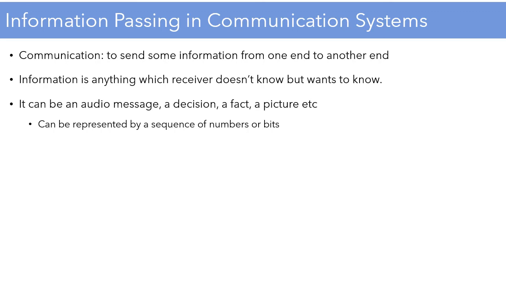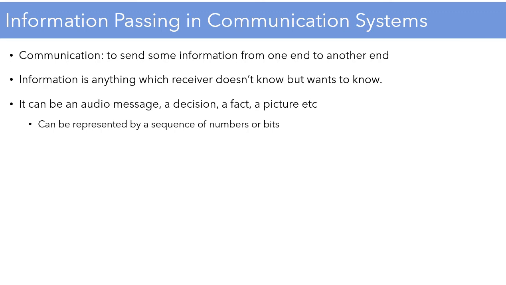Suppose a decision which has 10 options can be represented by a decimal number. The audio message can be sampled, and its amplitude can be represented by a sequence of decimal numbers or bits.